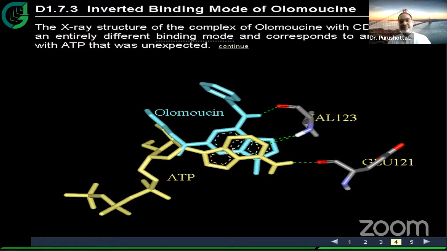This is an example where we have seen earlier the smaller modifications. How do they affect, how do they change the geometries? And sometimes the change in geometry favors, sometimes the change in geometry doesn't favor, and then we lose the activities.